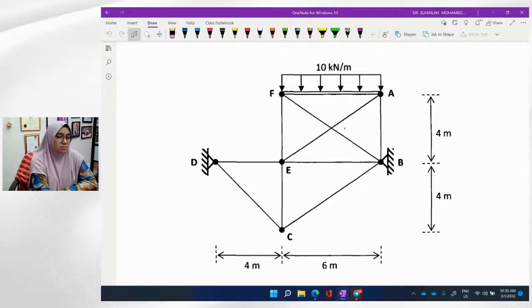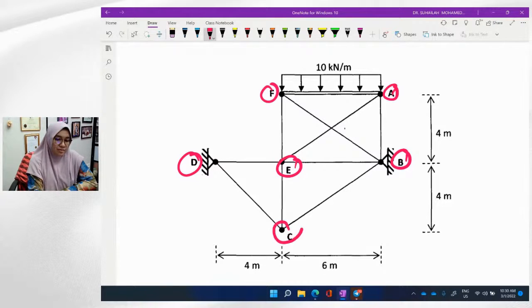If we label the supports, there are 6 support nodes, but the unknown reaction is only four.